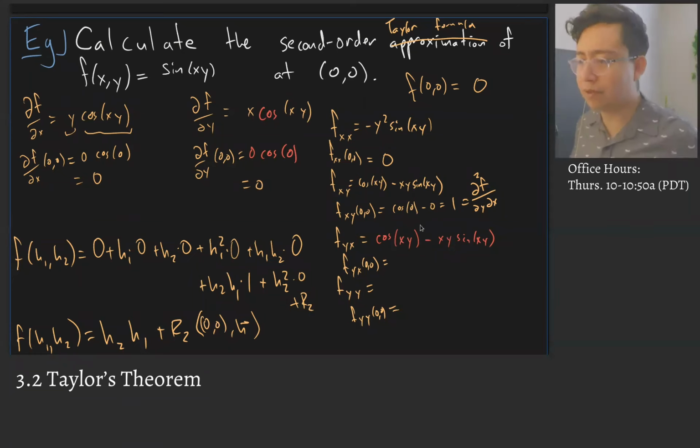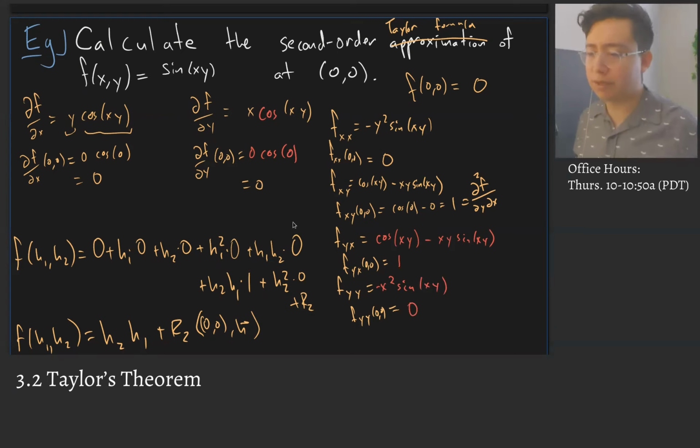And so I should have noticed sooner that there was something going on there. And this here would be the derivative of that with respect to y, which is now negative x squared sine of xy, which, so in this case, when we plug in 0, 0, we still get 0 here, but up here we're going to get 1, just like we did up here. Okay, so one of these terms is going to be different. So this term here is also going to be a 1.